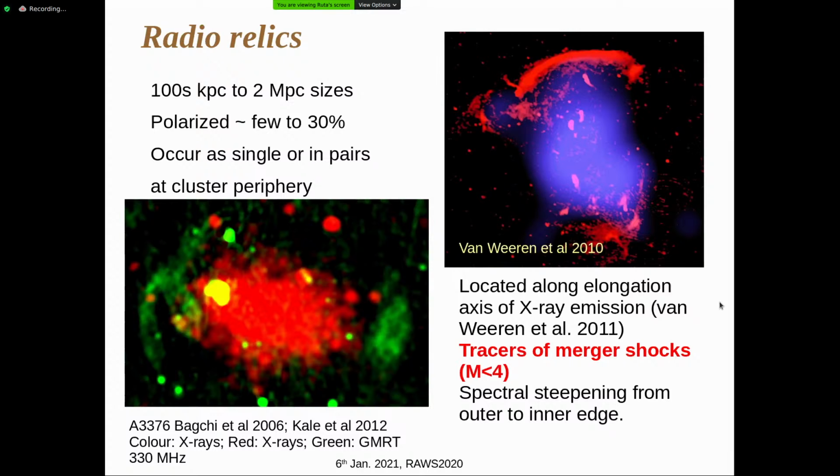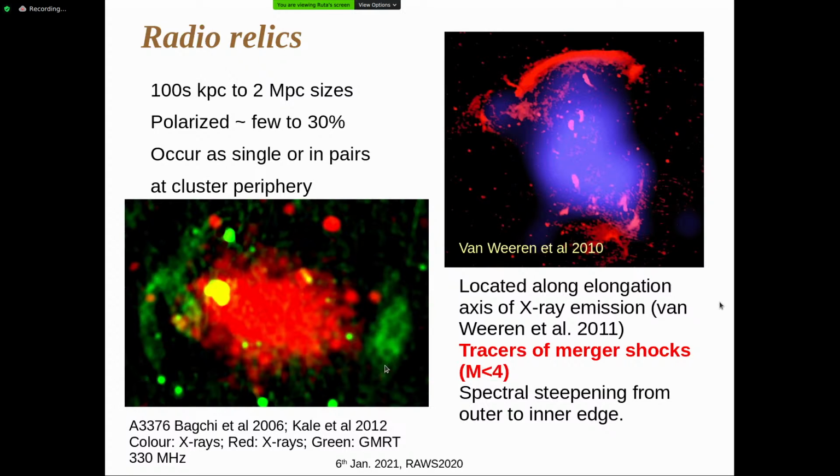In these two pictures, in the lower picture, the green emission is the radio image of the cluster Abell 3376, and this red thing here is the intracluster medium. There is a merger of two clusters happening in this direction, and you can trace the outgoing shocks in the form of radio emission, because at shocks electrons can be reaccelerated, and what you get is relativistic electrons.